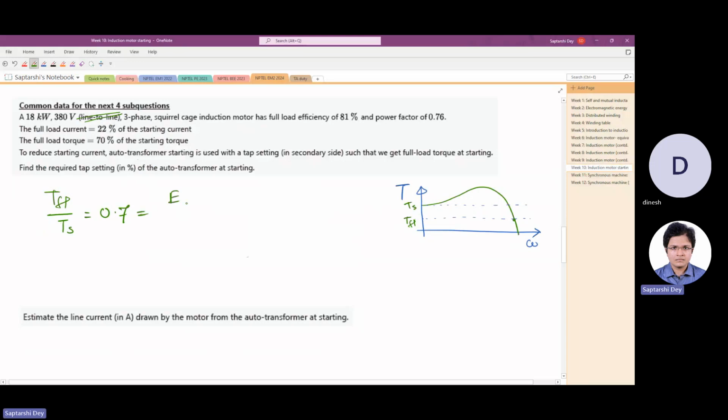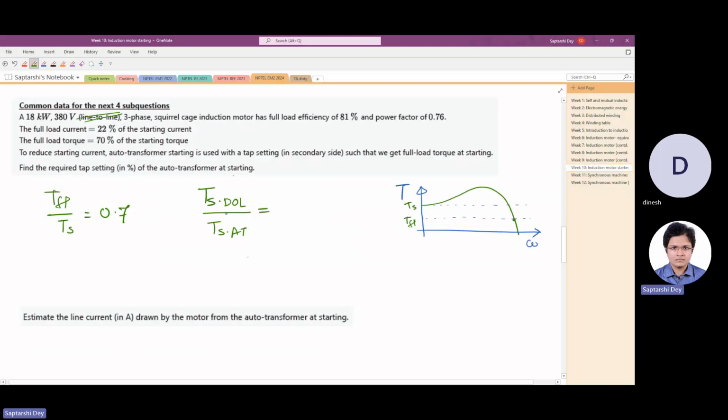So we'll write again. Now let us not write like this. This is what it is. It is given. Now we are doing auto transformer starting. So two cases: T starting with DOL by T starting with auto transformer.